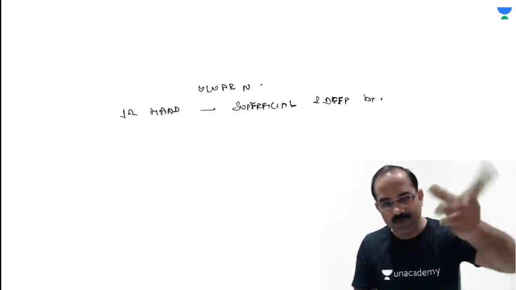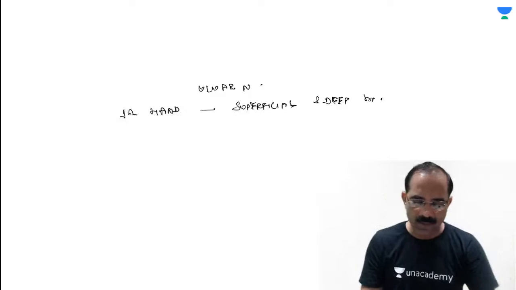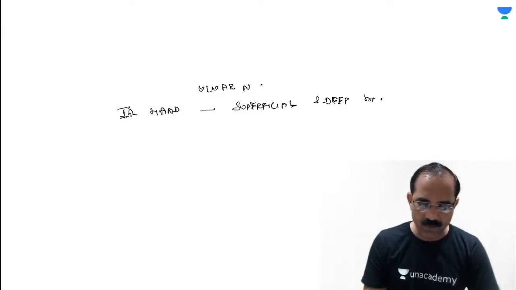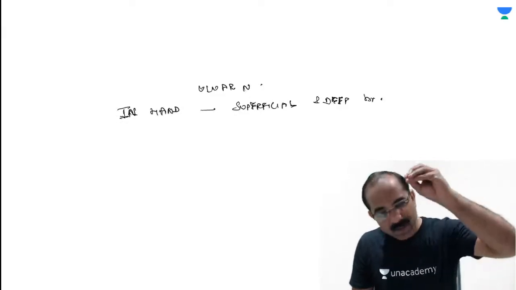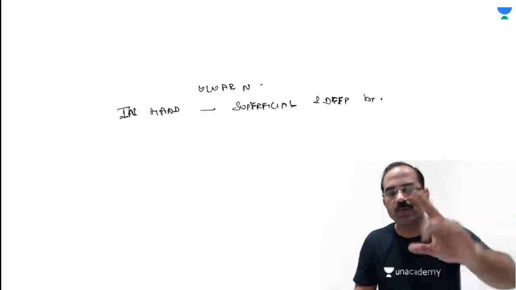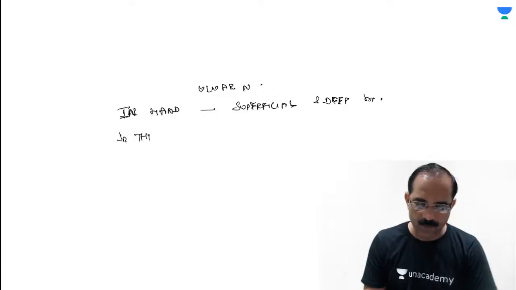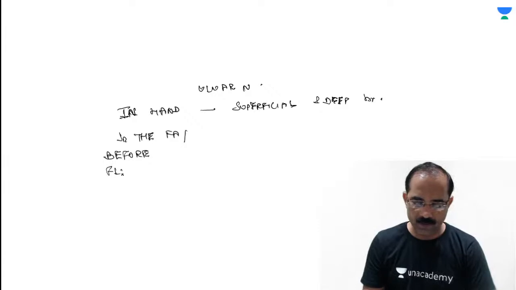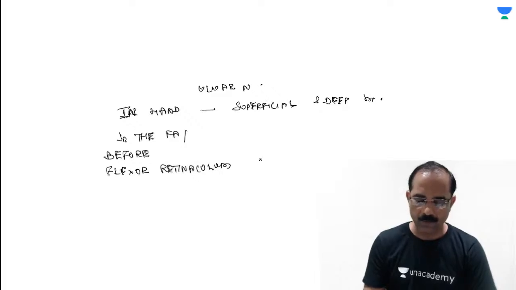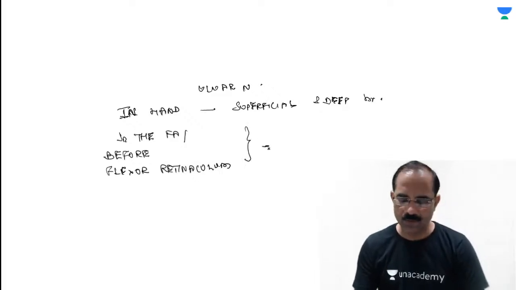Where does the ulnar nerve divide into a superficial and deep branch? In the hand. मतलब in the hand, the ulnar nerve divides into a superficial and deep branch, and in the forearm, before the flexor retinaculum, it gives these two branches.